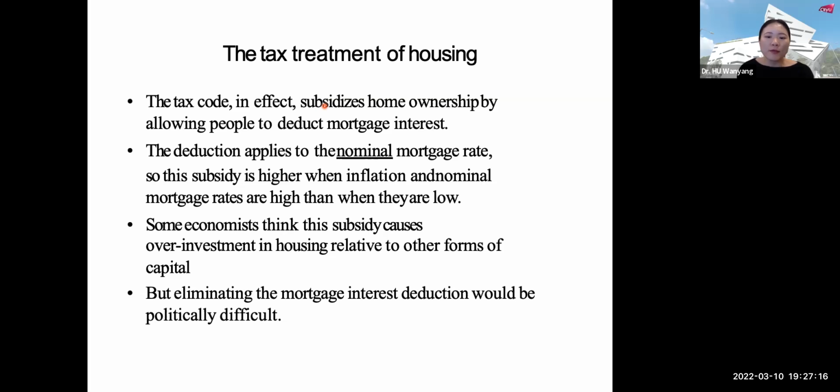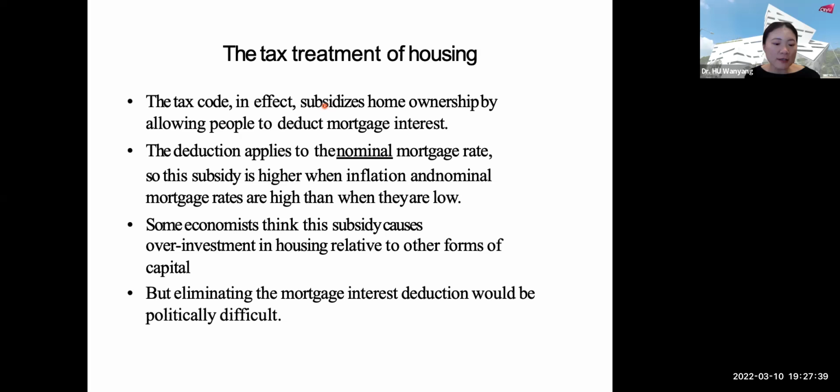This is just some further elaboration on how the tax treatment will affect housing investment behavior. The deduction only applies to the nominal mortgage rate.